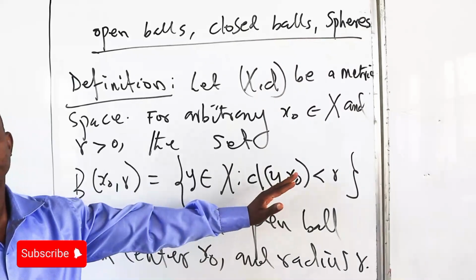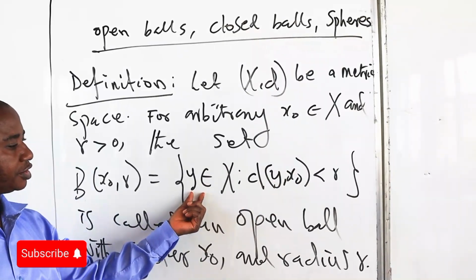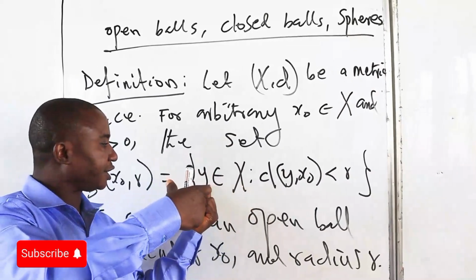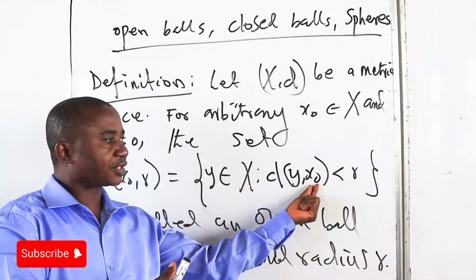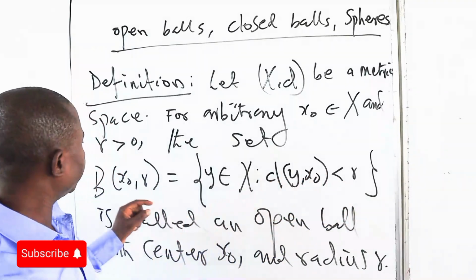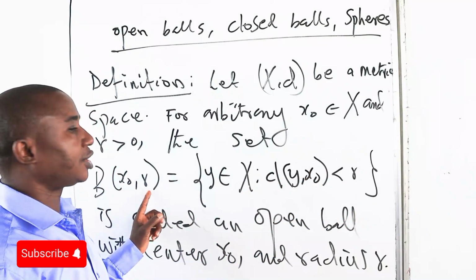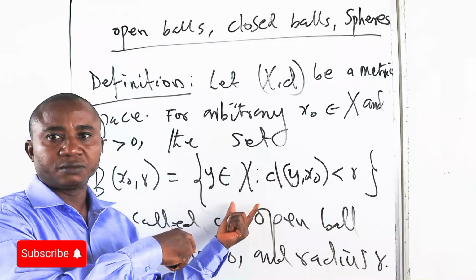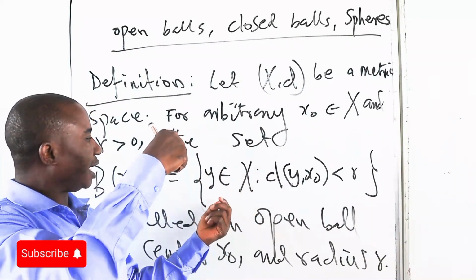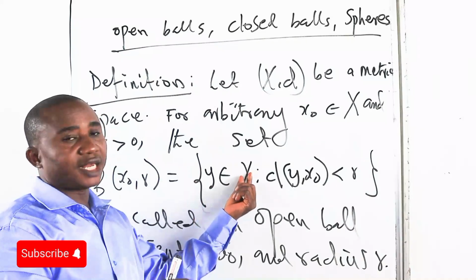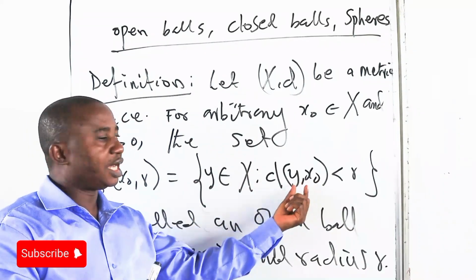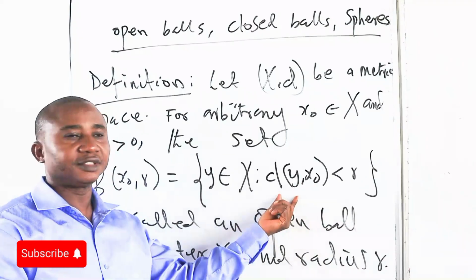Like I said, it is the set of all those elements in capital X such that when you measure the distance between that element y and x naught, what you get is smaller than r. Notice that the two parameters x naught and r are given before the definition. To form the set, I take y in X, I measure the distance between y and x naught, and I throw it in a basket.